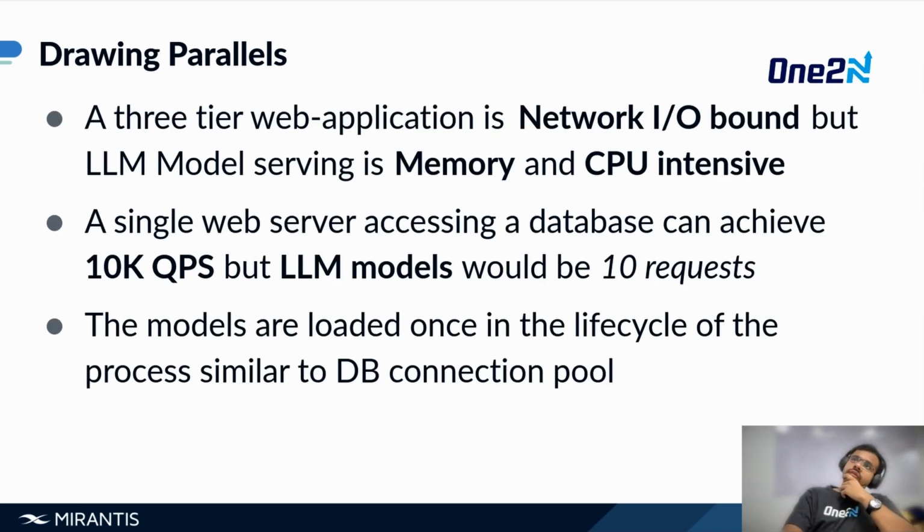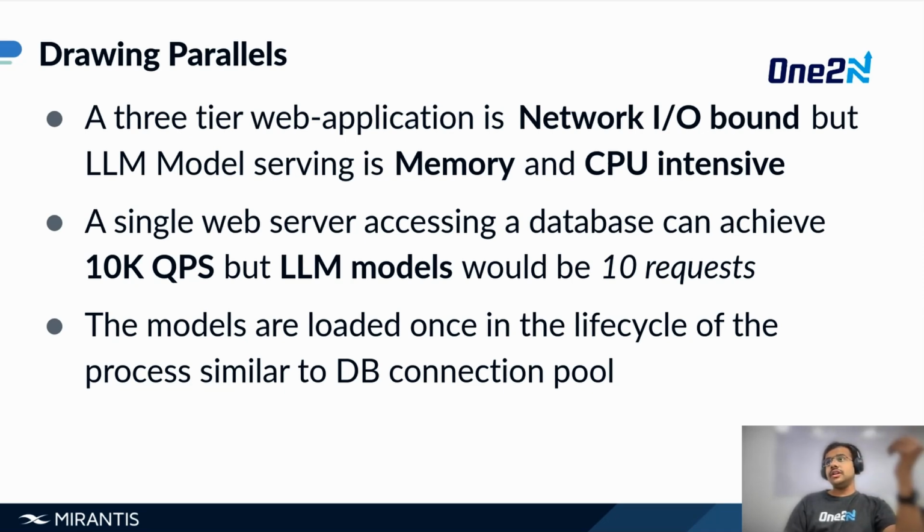Further exploration revealed that while a traditional three-tier application is network IO bound, LLM model serving is more memory and CPU intensive. In fact, if you are running a single web server, a simple web app that talks to a database can achieve a really high QPS of around 10,000 requests.